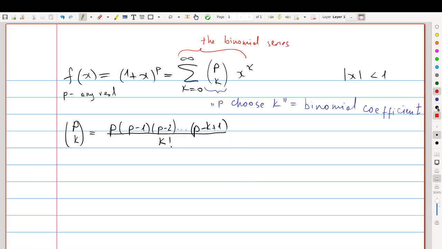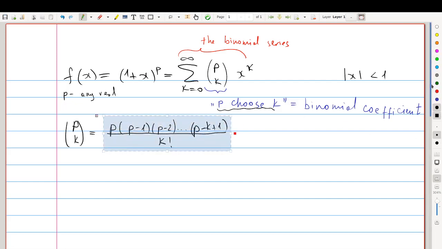The coefficient next to x^k here, the so-called p choose k, is what we call the binomial coefficient, by analogy to the case of finite integer p. This coefficient is given by the formula you have here.